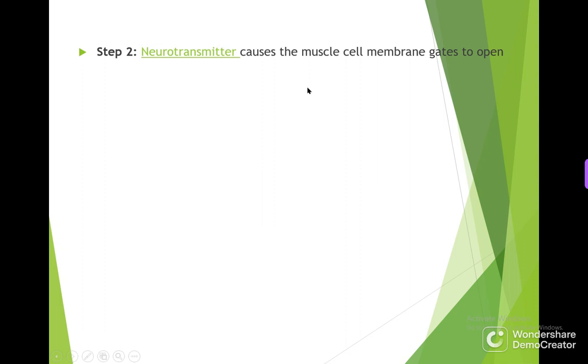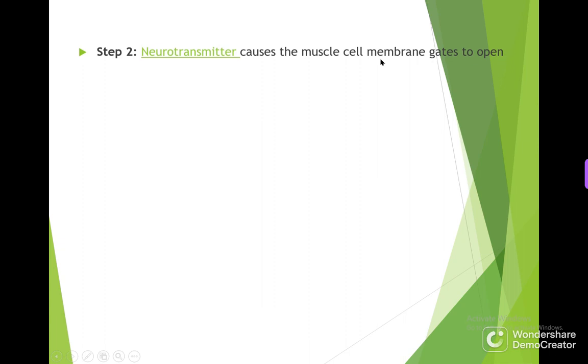To contract the muscle, calcium is definitely needed here. So the neurotransmitter causes the muscle membrane gates to open, with influx and efflux of anions or cations. Now, this is the problem here.